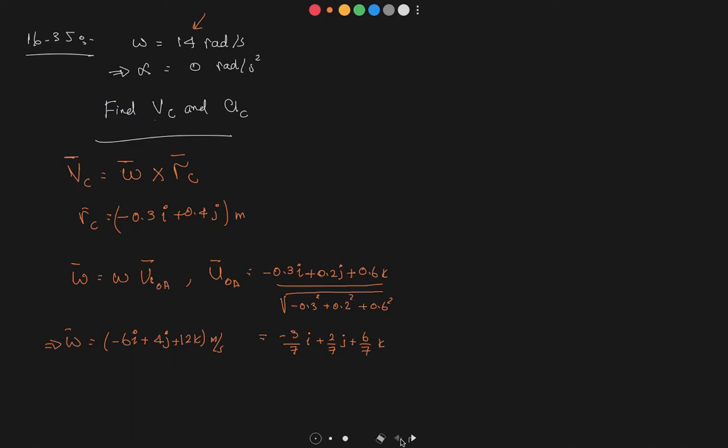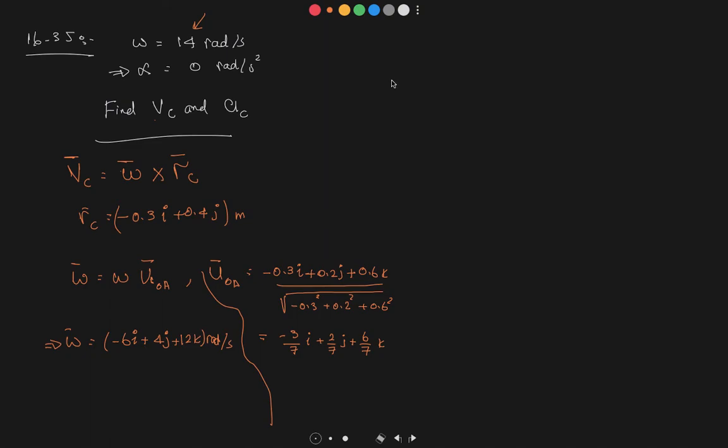That's not correct. This is radians per second because this is angular velocity. Okay, that's it. So now we carry out our cross product.